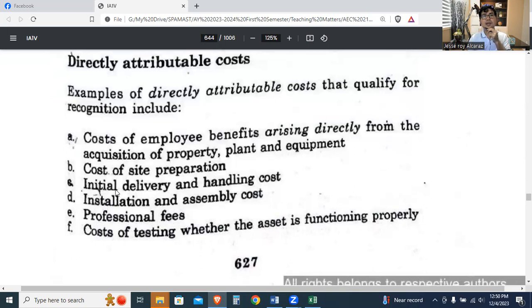Because at the end of the day, kung naa dira ang equipment pero dili siya ma-install, dili na to i-prepare ang site for it to function, then useless ang equipment. So these are direct and necessary expenses and costs related to the equipment for it to function and for it to provide economic benefit sa ato ang business. Therefore, these are all added to the cost of the equipment.